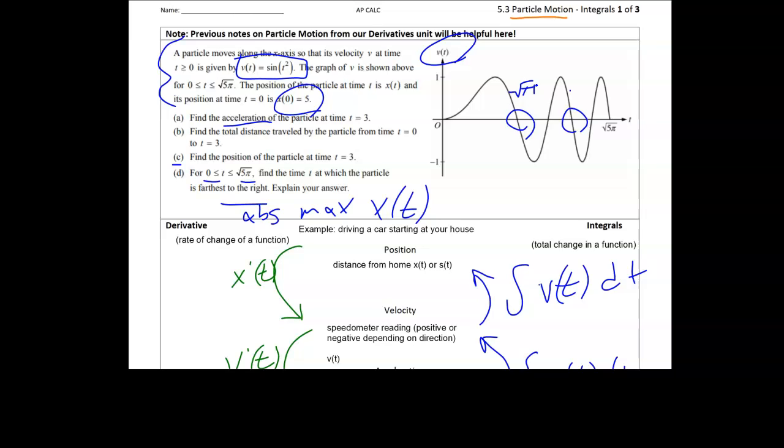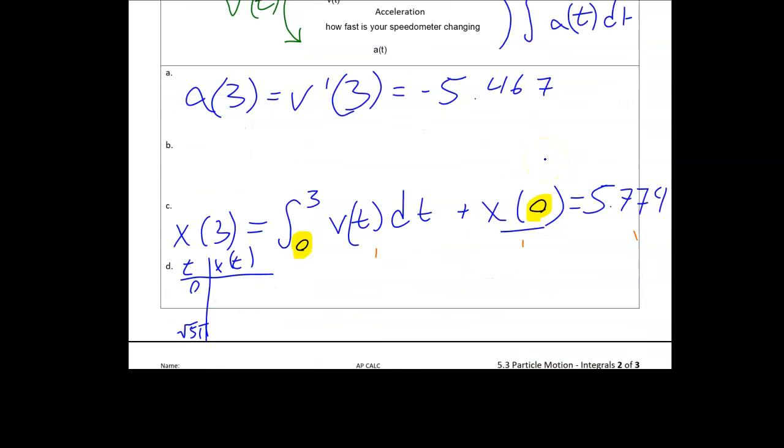And then square root of 3 pi for this one, because this is square root of 2 pi here, but that's not the sign change that we're looking for. So those are our 3 zeros. You could also find the zeros using the zero function on your calculator if your trig knowledge is a little bit weaker. So square root of pi, square root of 3 pi.